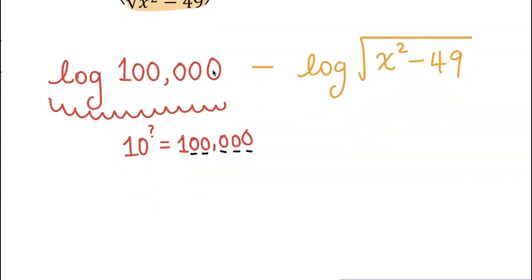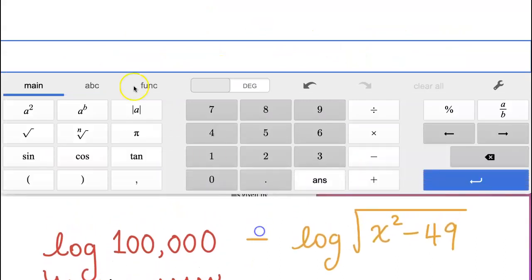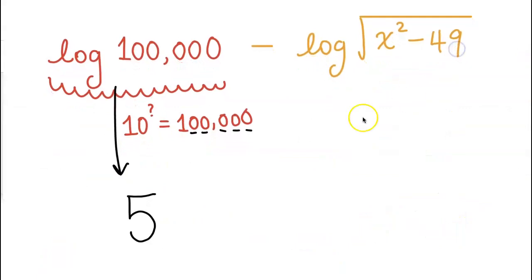So this is just 5. And if you want to use your calculator to evaluate some of these common logs, you can do log of 100,000, and it's going to tell you it is 5. So again, similarly to the previous one, if you can evaluate the log numerically, go ahead and simplify, okay?